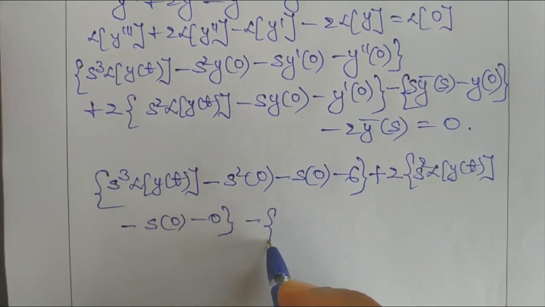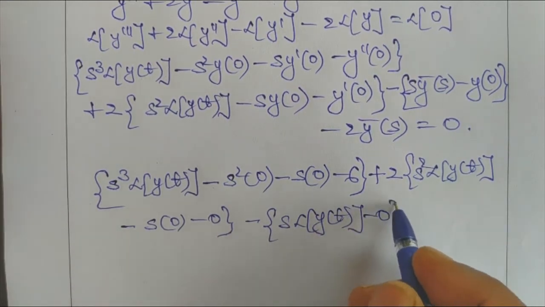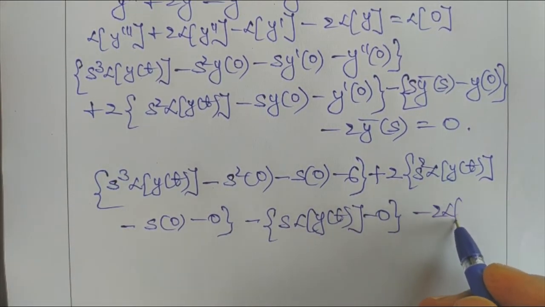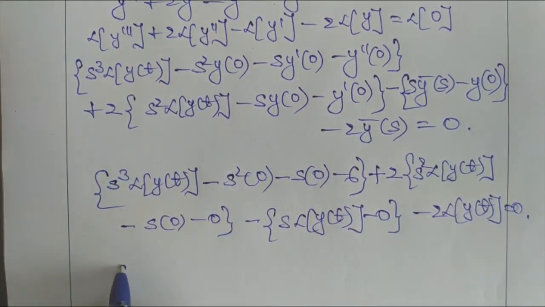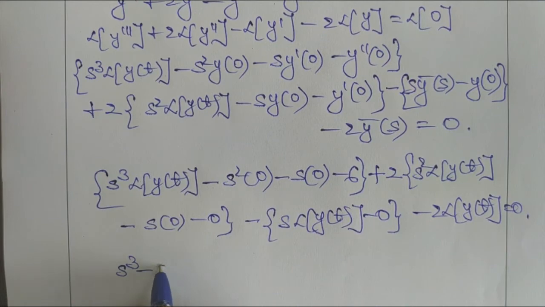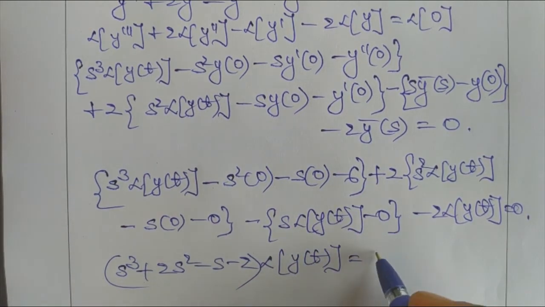Then minus s into Laplace of y of t minus 0, minus 2 into Laplace of y of t is equal to 0. So s cube plus 2s square minus s minus 2 into Laplace of y of t is equal to 6.